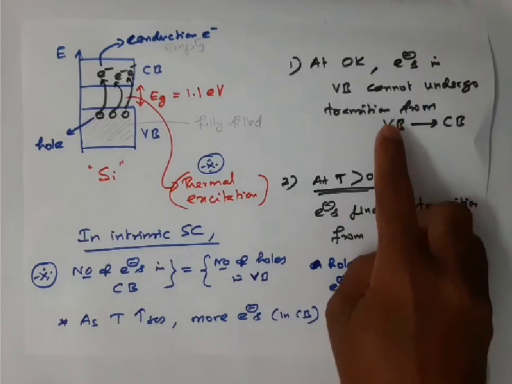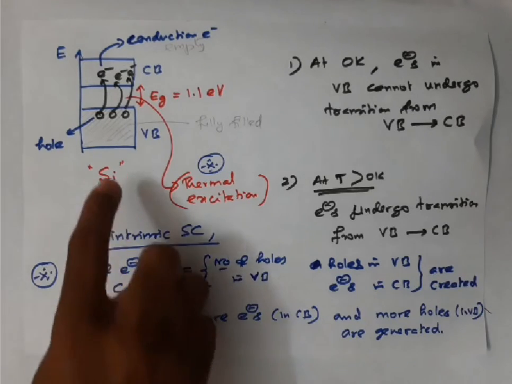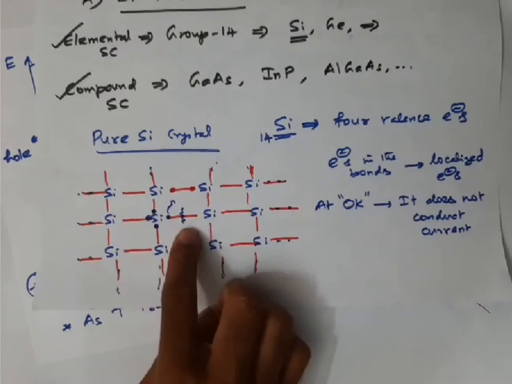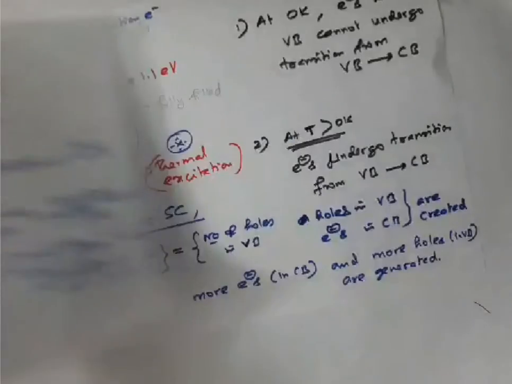But if you go temperature above 0 Kelvin, or at room temperature, for example, what will happen? The covalent bonds, the previous page I have shown you these covalent bonds, these bonds start to break. When they start to break, what will happen?